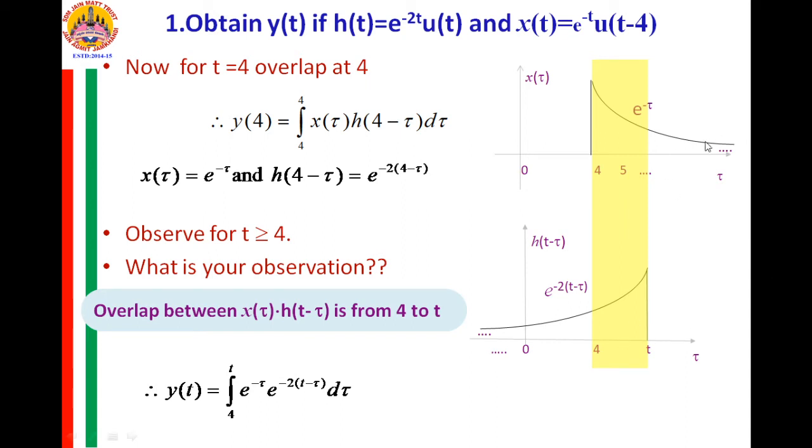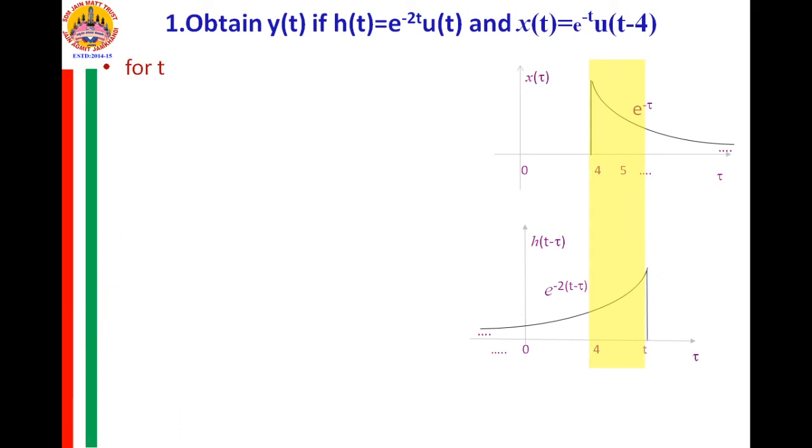These both are infinite duration signals, and h of t minus tau will be moving along this axis towards the right side, and every time you will observe that the overlap will be there from 4 to t, whatever the value of t is. So y of t is integration from 4 to t of e raised to minus tau, e raised to minus 2 into t minus tau, d tau. Okay, so let us evaluate this integration now.